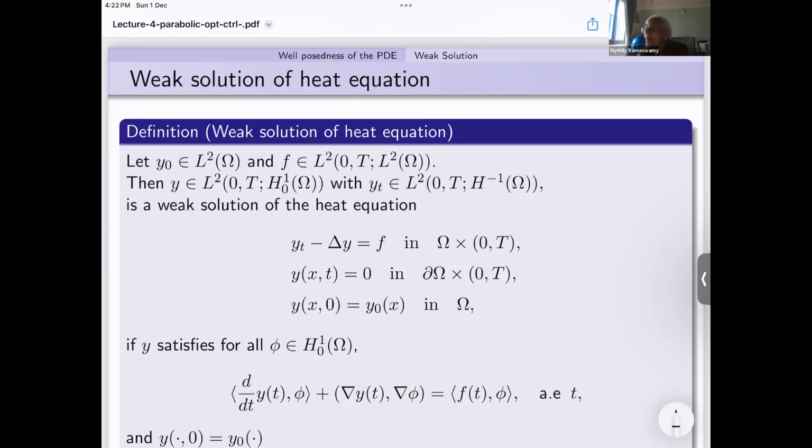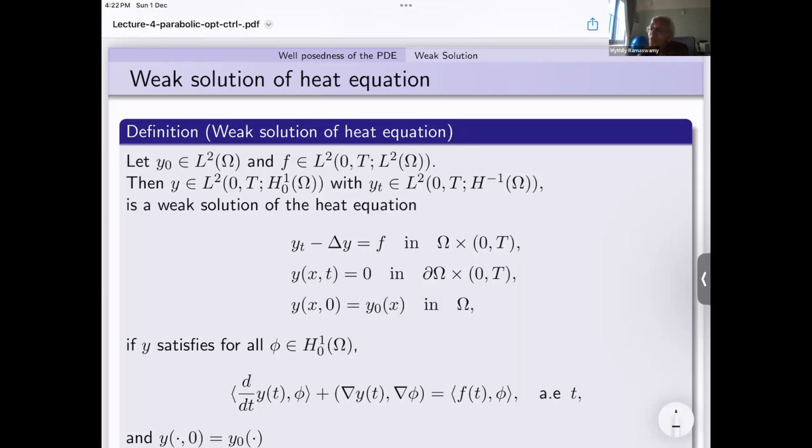What does it mean? For each t between 0 and T, it associates an element from L2 of omega. So this is a simpler one, but the next one is that the solution will lie in L2 of (0,T; H1_0 of omega).